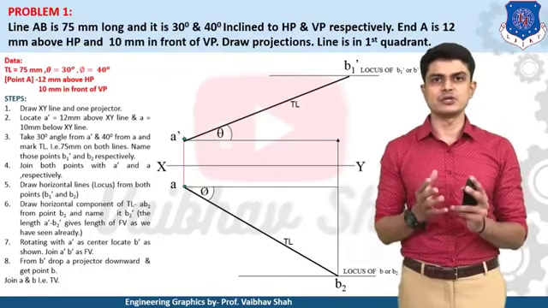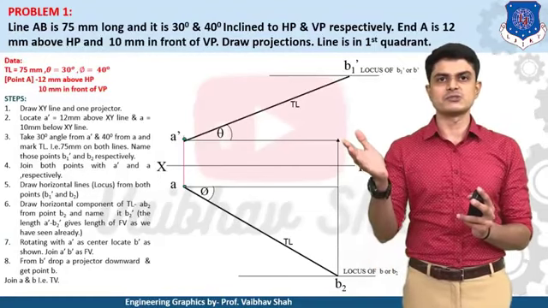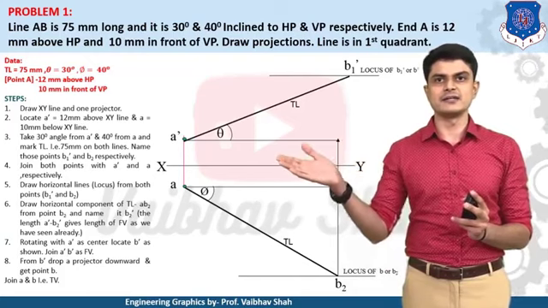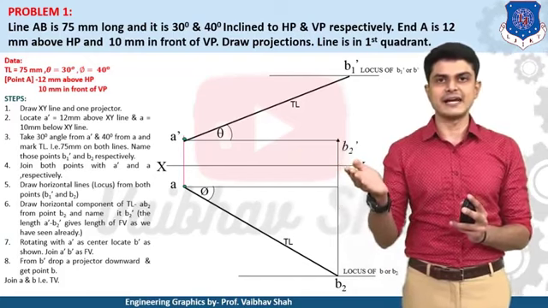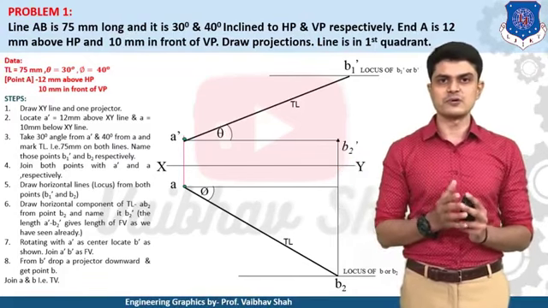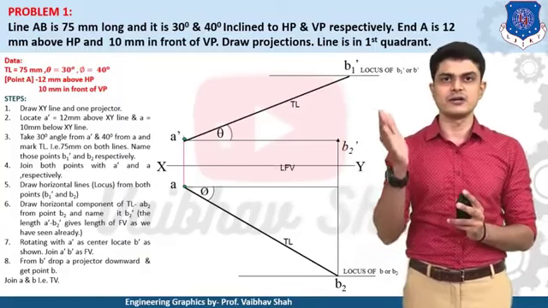Now let us move ahead. We already have the true lengths, so we'll draw a vertical line from this true length until we reach the A dash locus, and this will be point B2 dash. After getting B2 dash, take your compass, take A dash as the center and A dash B2 dash as the radius, and draw a circular arc.